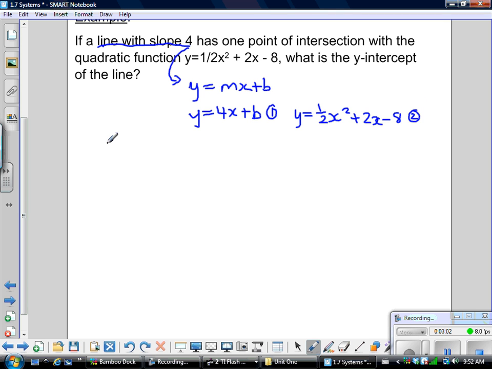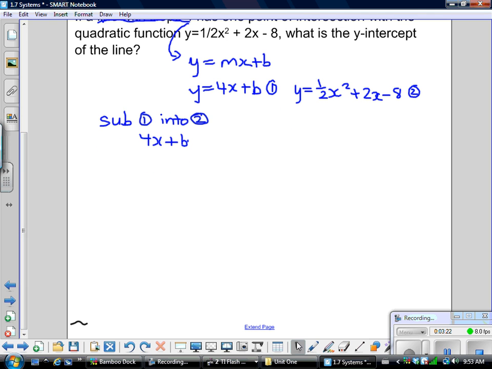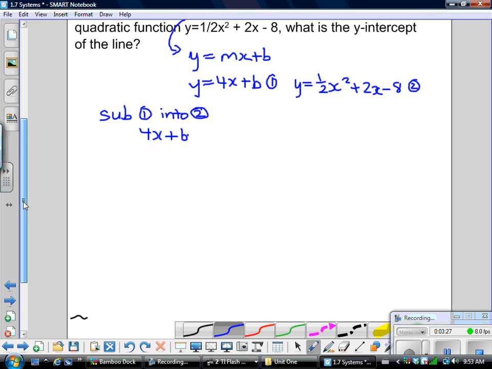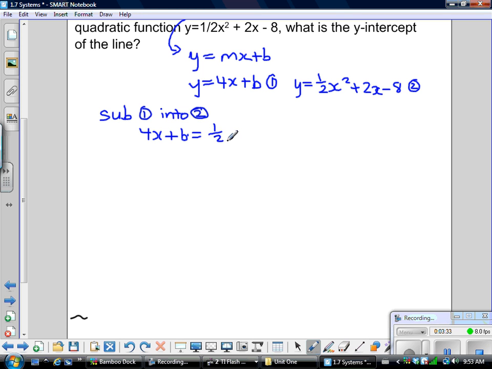And I'm going to sub 1 into 2. So I end up with 4x plus b equals, let's hold on a second, move this down. It seems to work better if I am down a little bit. 1/2 x squared.